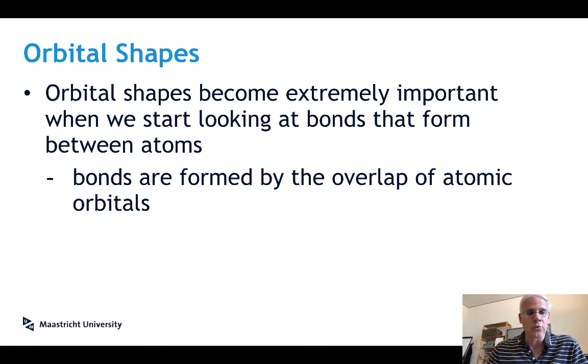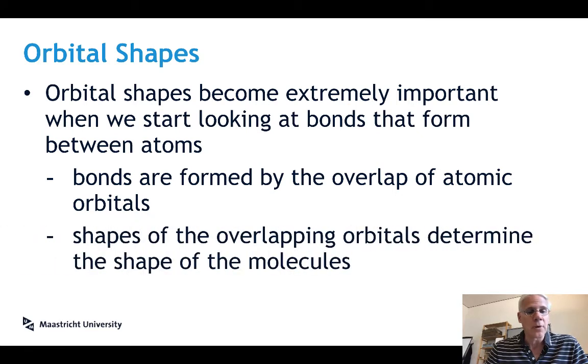And so those areas of electron probability have to overlap, and that tells us that nuclei are sharing those electrons by overlapping those orbitals, and that's how we get a bond between two atoms. And so the shapes of those overlapping orbitals and where they lie around the atom help us determine the shape of the molecules.